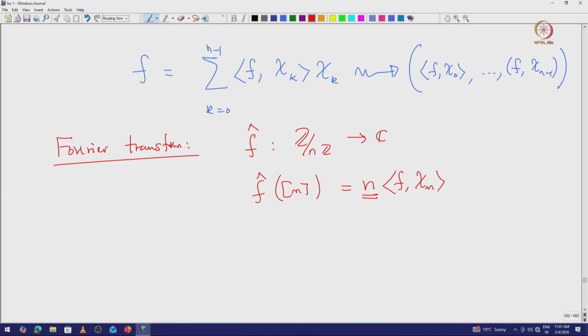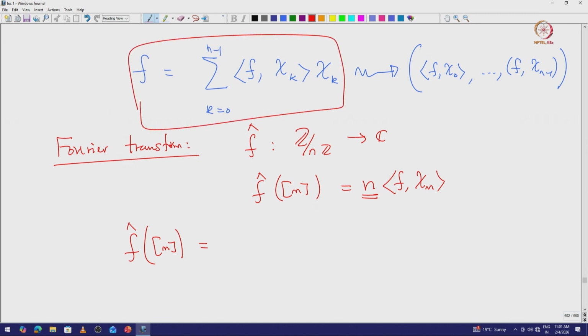So, now if we rewrite this, you can see that f hat of bracket m is exactly equal to, substituting the expression here, the sum over k ranging from 0 to n minus 1 of f of bracket k times e power minus 2 pi i m k divided by n. So, this is what we get.